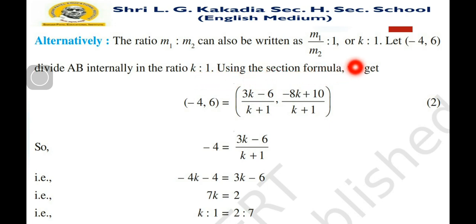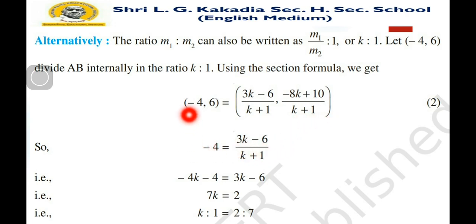Using the section formula, we have minus 4 comma 6 is equal to 3k minus 6 upon k plus 1 comma minus 8k plus 10 upon k plus 1.